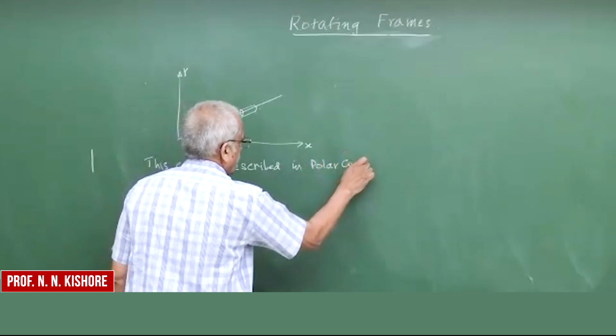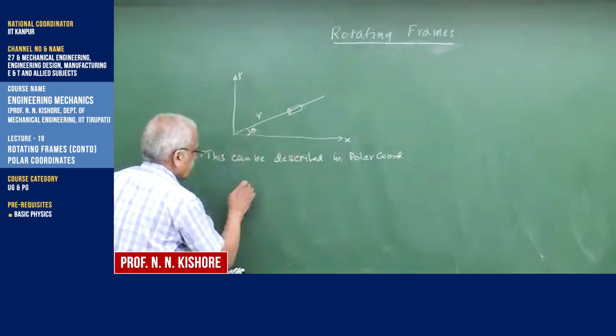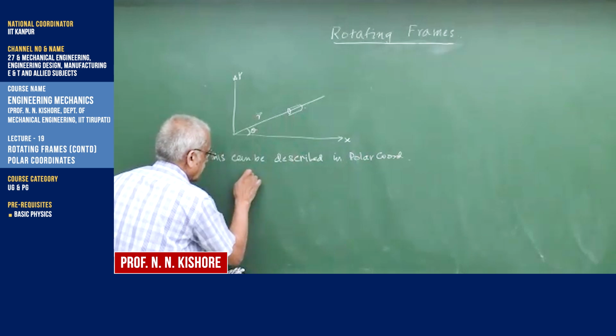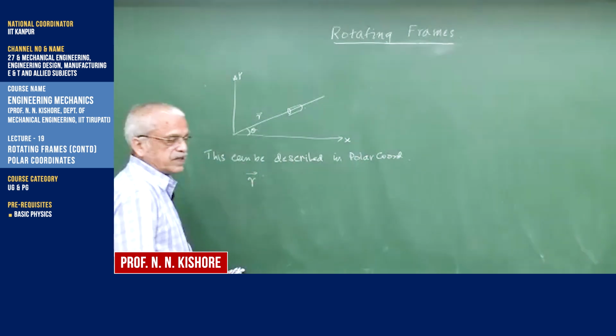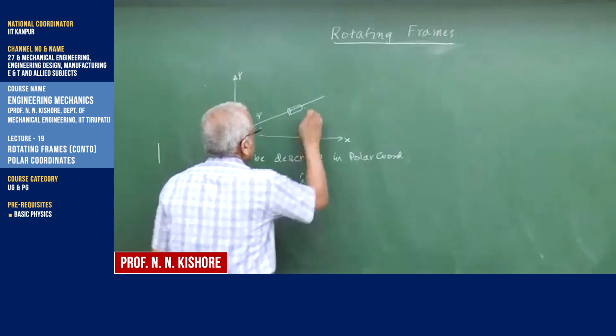So if you do it in polar coordinates, the position vector R is given as R times ER.